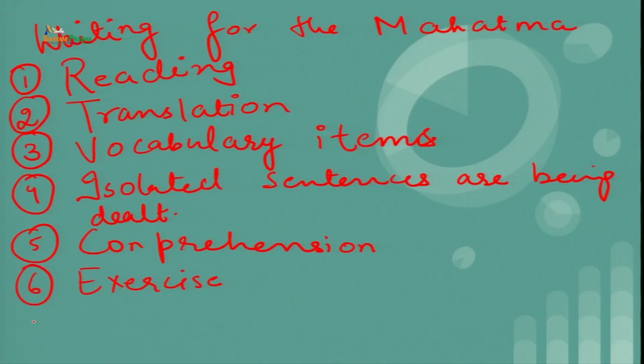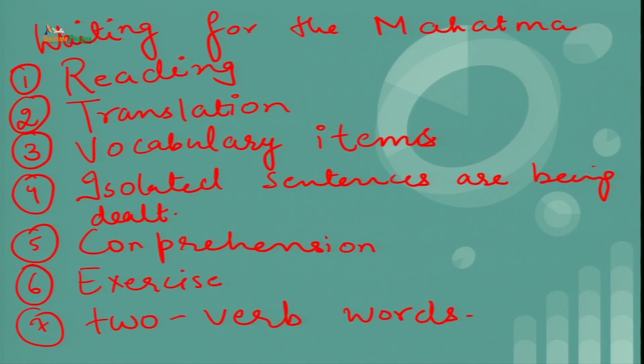The other examples the teacher can incorporate in grammar translation is, let's say, she or he asks to take out two verb phrases or two verb words. For example, get up, come in, and so on.